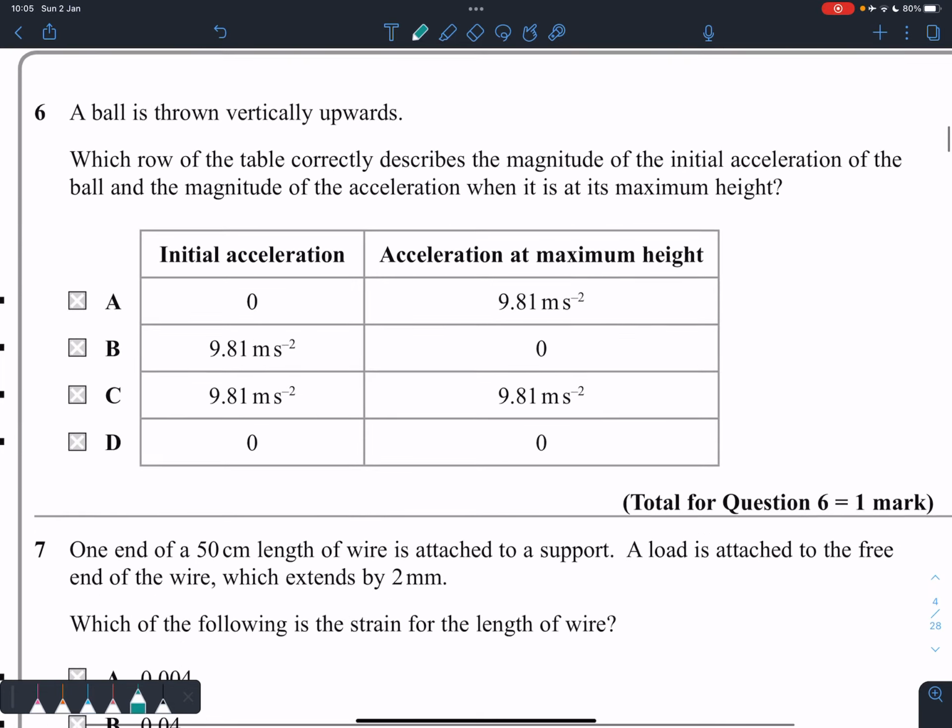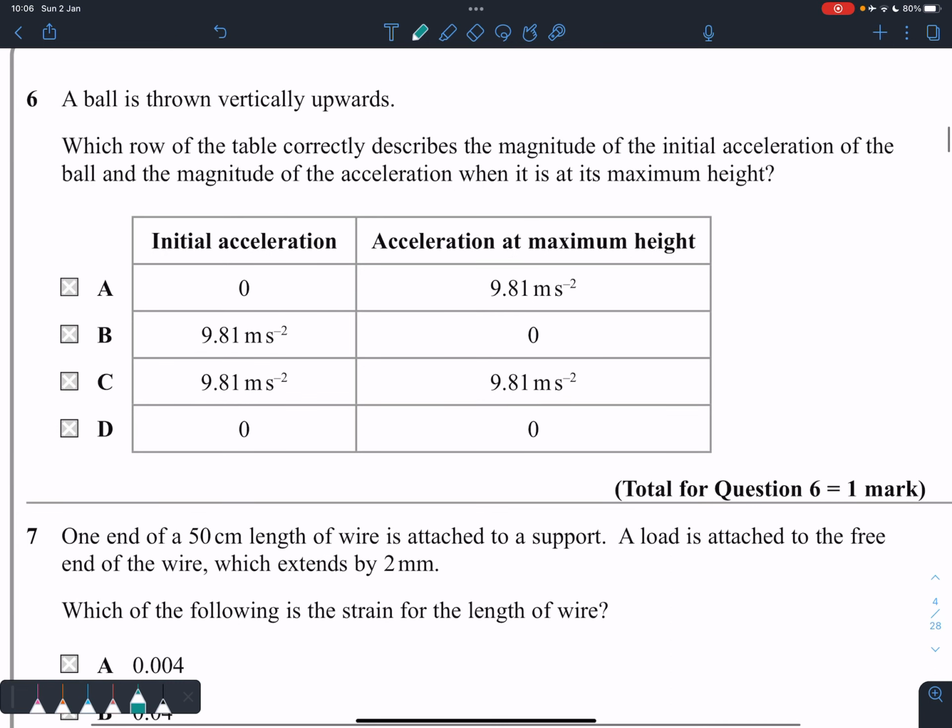A ball is thrown vertically upwards. Which row of the table correctly describes the magnitude of the initial acceleration of the ball? Well, this is a trick. Whenever you're throwing things up, you always have an acceleration due to gravity, which is exactly the same.